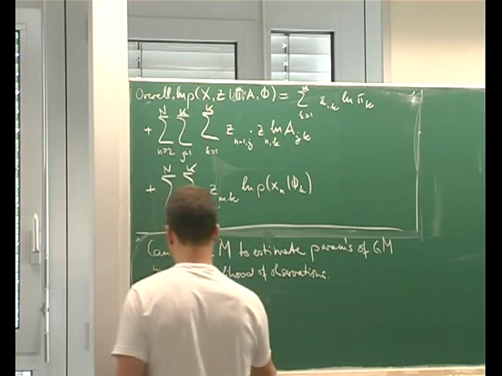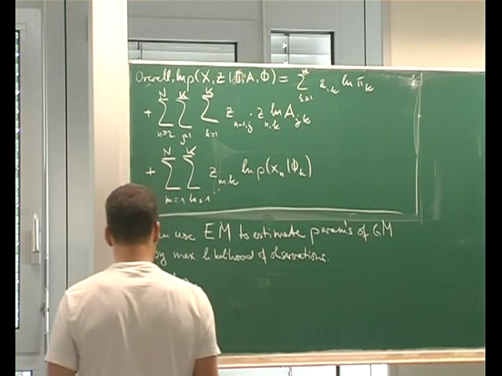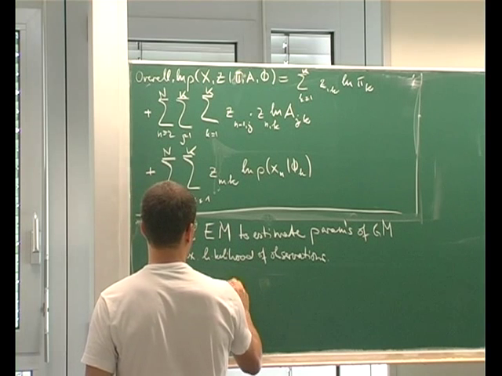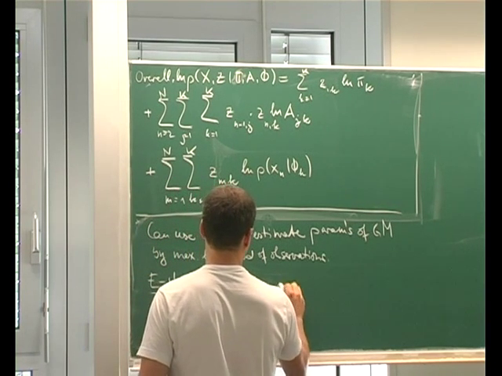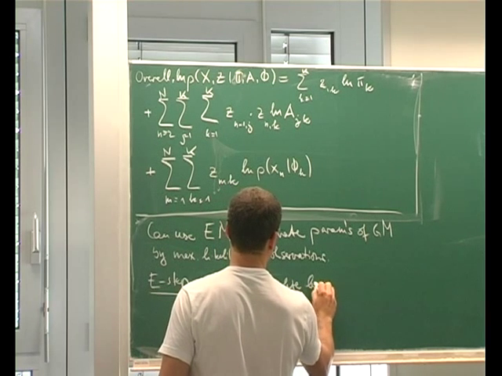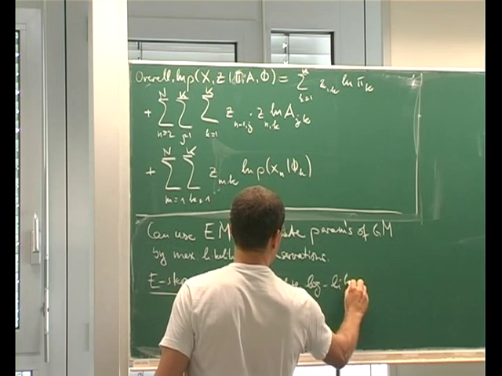So we have an E step where we compute the expected complete log likelihood.